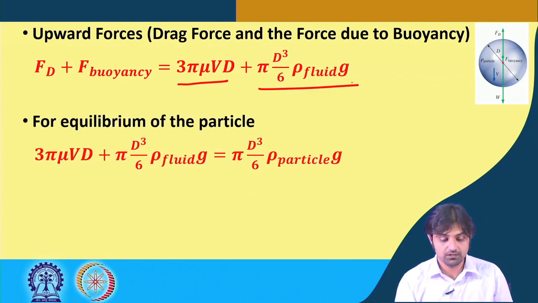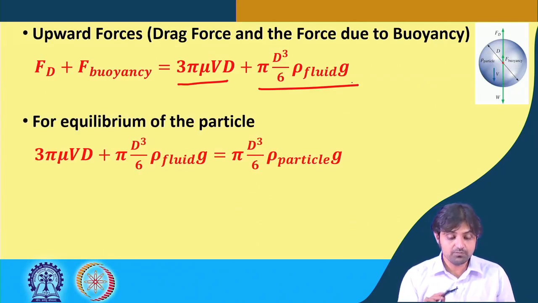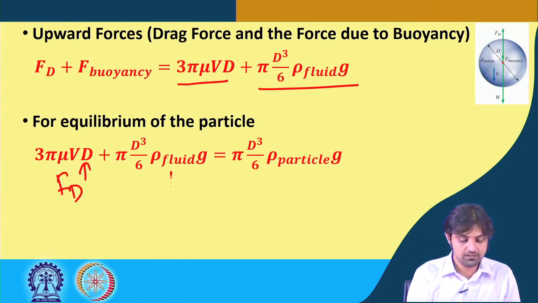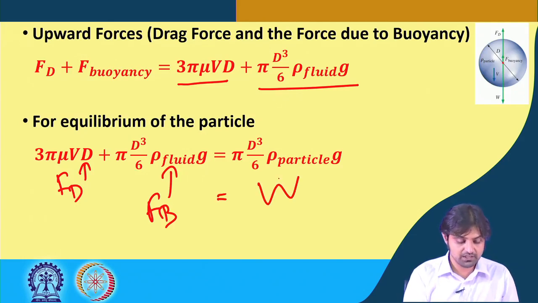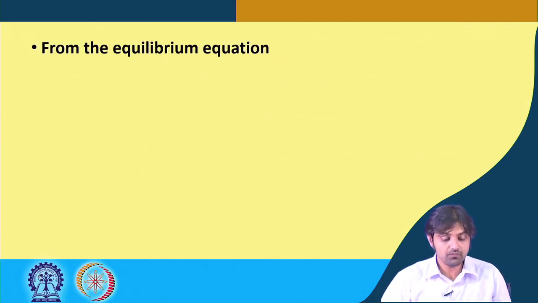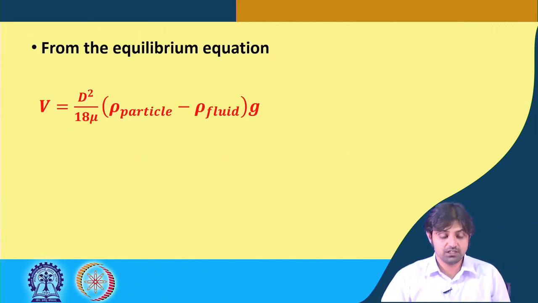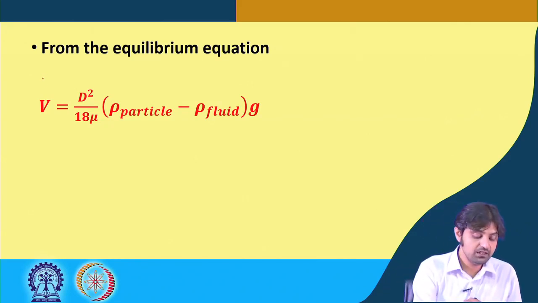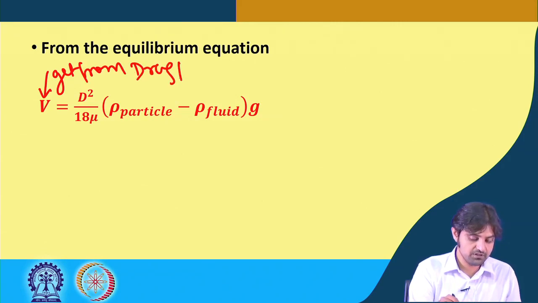Now, for the equilibrium of this particle, these two forces should be balancing. So, Fd plus F buoyancy is equal to W, for example. All right. So, from the equilibrium equation we can simply rearrange, because V is the term that we get from the drag force equation.